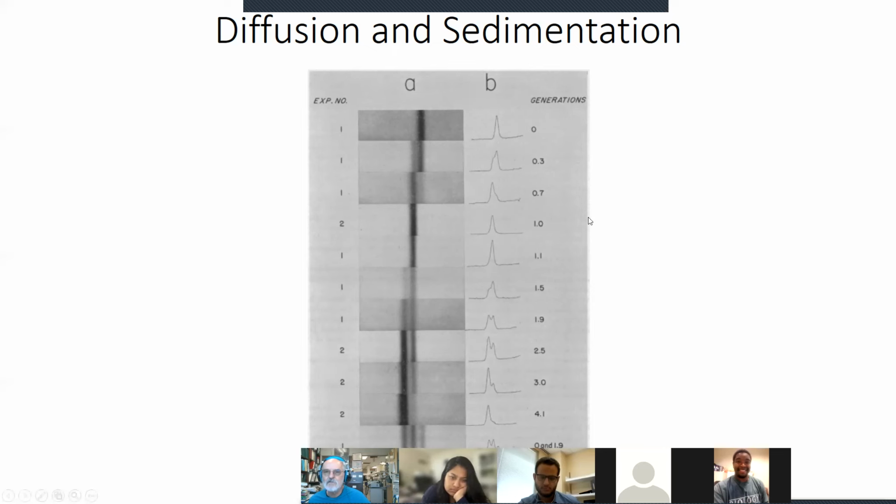So they're mixing material, and you can see there really are 3 different species: the original, the semi-conservative replication, and the complete N14 material that you get in subsequent generations, okay? So this was the evidence for semi-conservative replication of DNA.